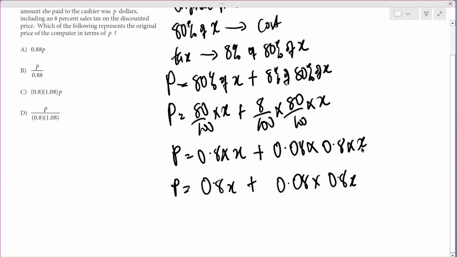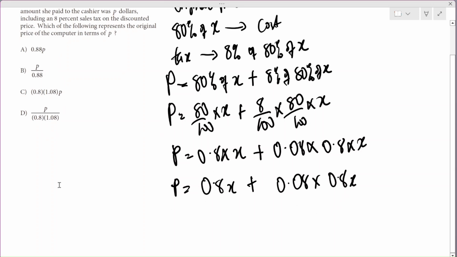We're trying to make X the subject of this relation to know the value of the original price in terms of P. Normally, you would have multiplied 0.08 by 0.8, but because you want it to look like one of these options, you don't multiply, you factorize.